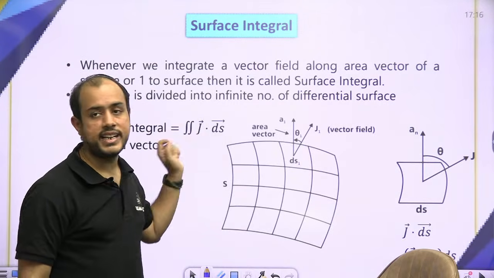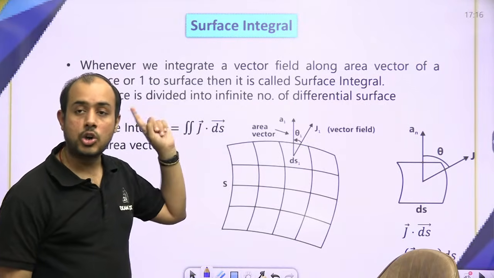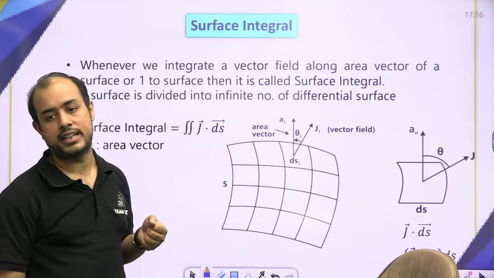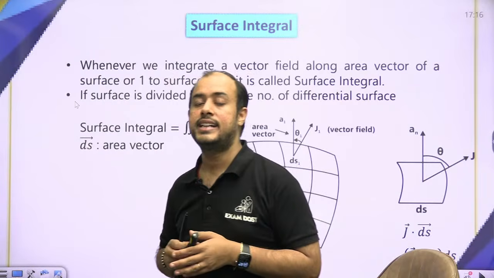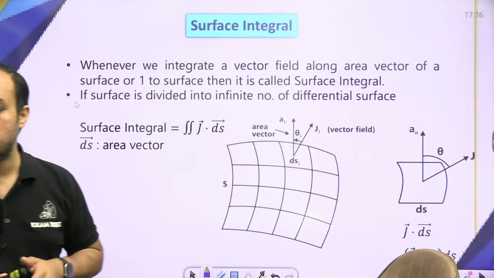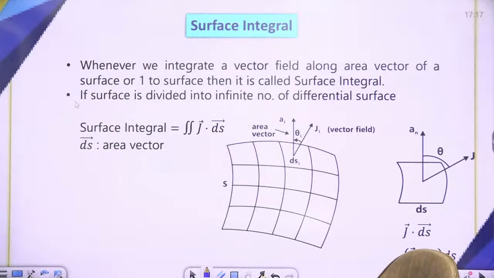So you are doing J dot dS vector. So you are taking the dot product. Dot product gives you the component in the direction of some vector. Dot product से क्या निकलता है? किसी दूसरे वेक्टर की डायरेक्शन में कंपोनेंट. तो J dot dS will give you the component in the dS vector direction that is perpendicular to area.